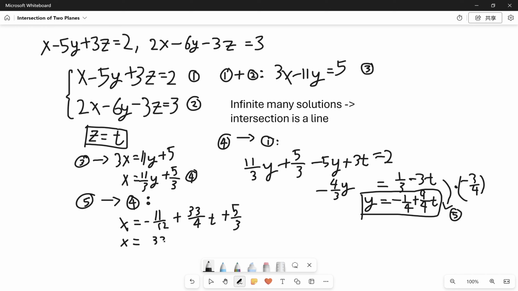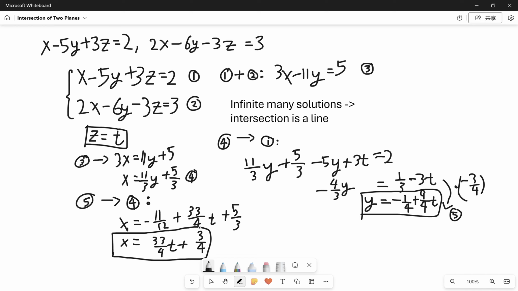And then we add that to 5 over 3. So x is equal to 33 over 4 t plus, since 5 over 3 is equal to 20 over 12, 20 over 12 minus 11 over 12 is 9 over 12. If we divide the numerator and denominator by 3, that's 3 over 4. So that's our answer for x.